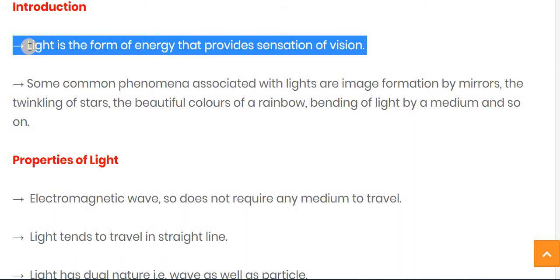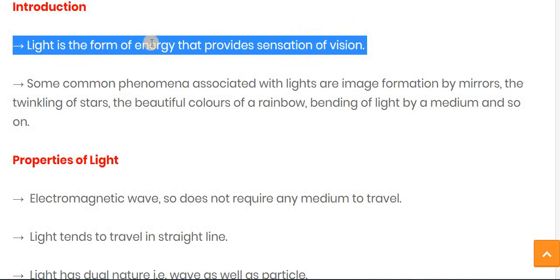As this chapter is light, first of all we learn the definition of light. Light is the form of energy that provides a sensation of vision, meaning by light only we can see all the objects, all the things surrounding us.